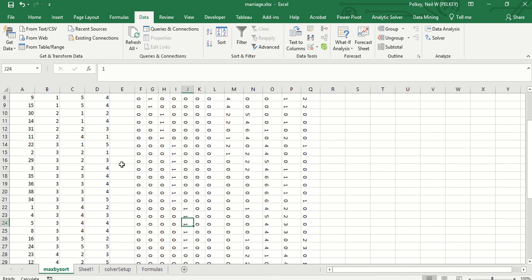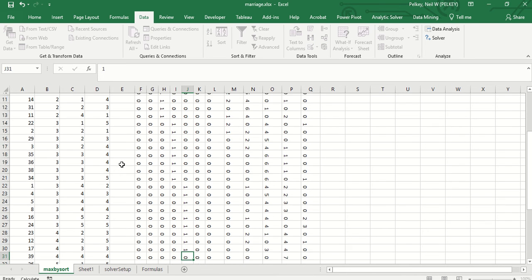One, 2, 3, 4, 5, 6. Then we're going to go to our 4s, and we'll do 1, 2, 3, 4.